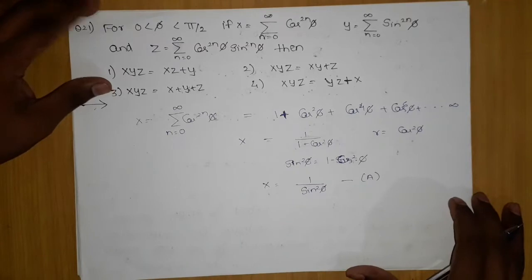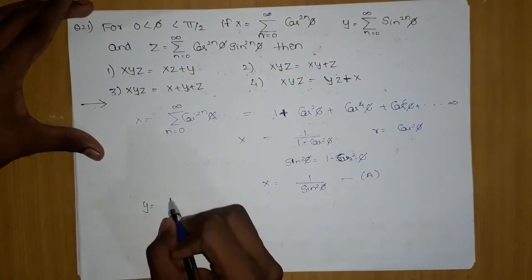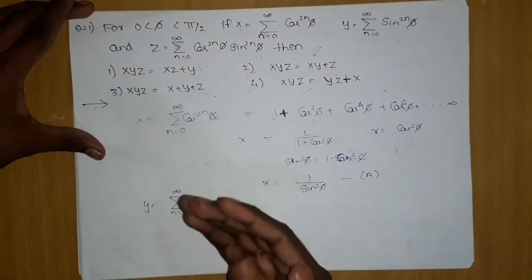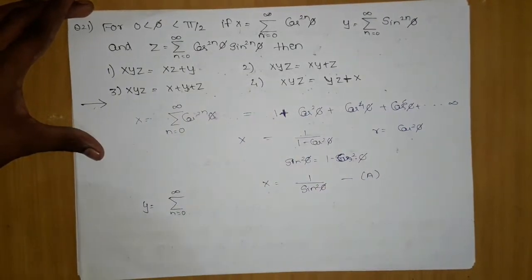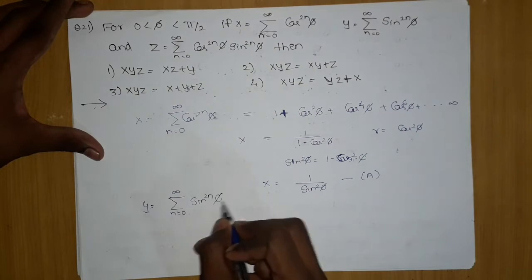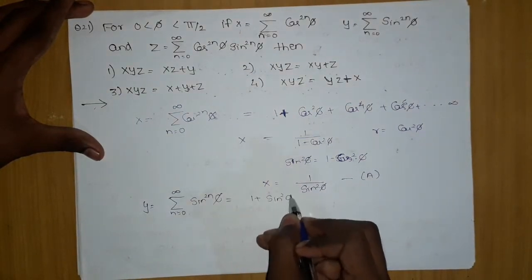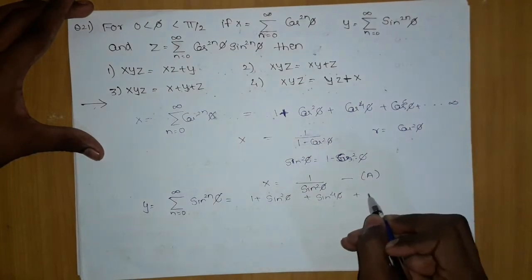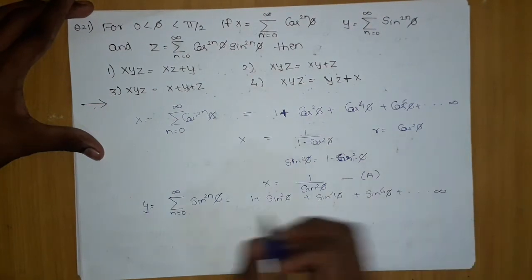Now my next step is to open the second one. First I have to get my xy value, because here you can see the equations we have to satisfy and check which are correct. So here is my sin 2n phi: it will again be 1, then sin 2 phi, sin 4 phi, sin 6 phi, a similar pattern, until infinity.